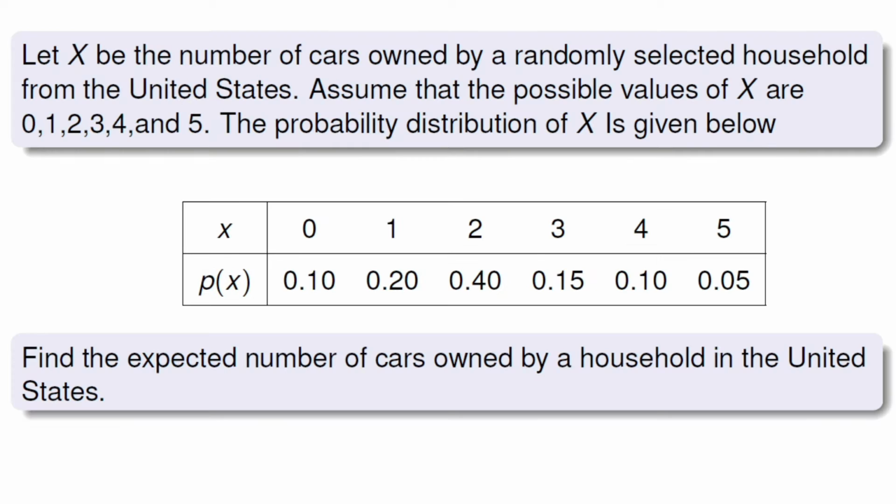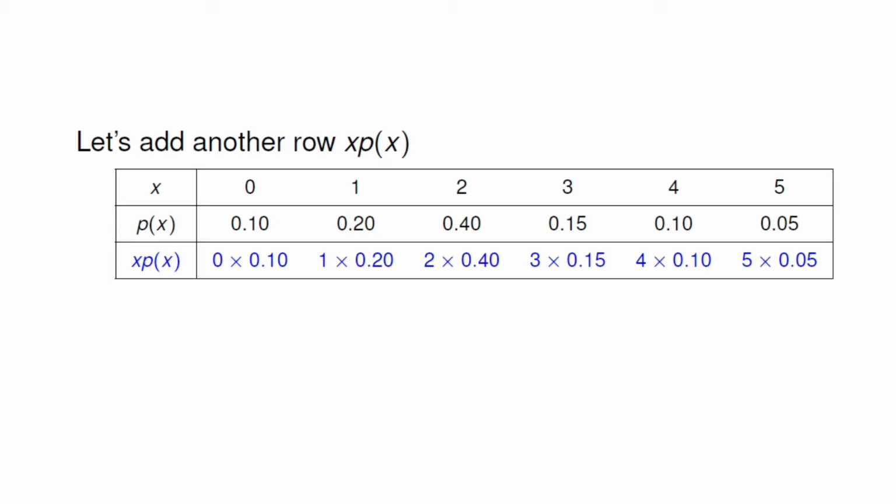Now, let's solve this problem. All right, X is the number of cars owned by a randomly selected household from the United States, and the probability distribution is given below. We want to find the expected number of cars owned by a household in the United States. Let's add another row, x p(x) here.